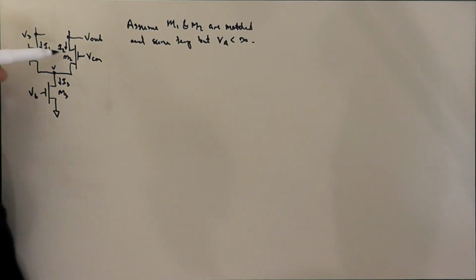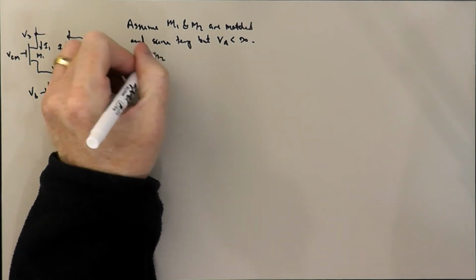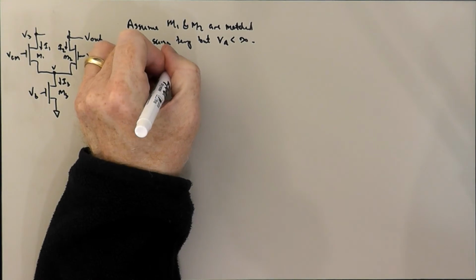Well, if these two transistors are matched, and they have the same gate voltage and the same source voltage, then they'll be operating on the same drain characteristic. So M1 and M2 operate on the same drain characteristic.